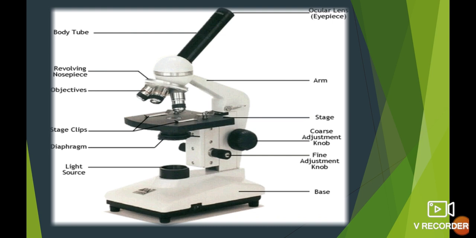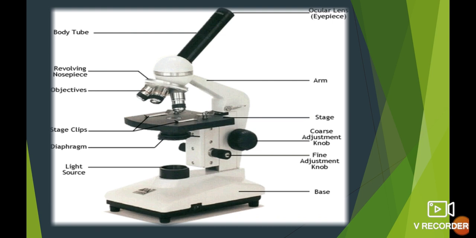Next, we have the magnifying parts, so that we can enlarge, zoom, and see the specimen or objects we are going to study or observe from the microscope. So we have the ocular lens. The eyepiece or ocular is the lens where we focus our eye so we can see the object.